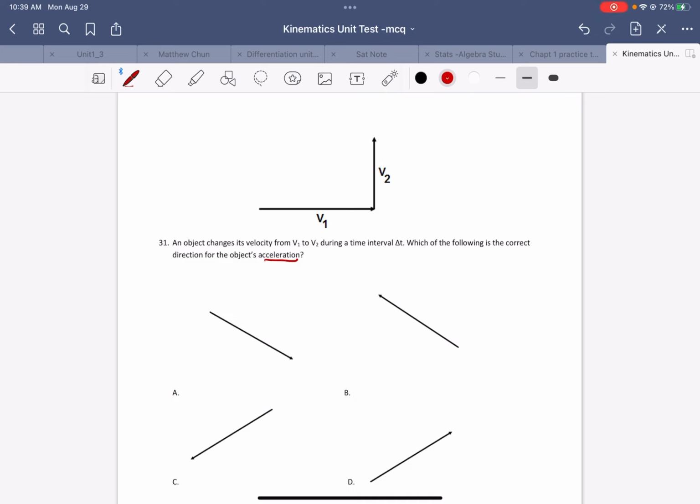Initially it was going this way, and then to go up, your acceleration should be this way. To be like this, the acceleration should be this way, then it'll go up. So the answer is B.